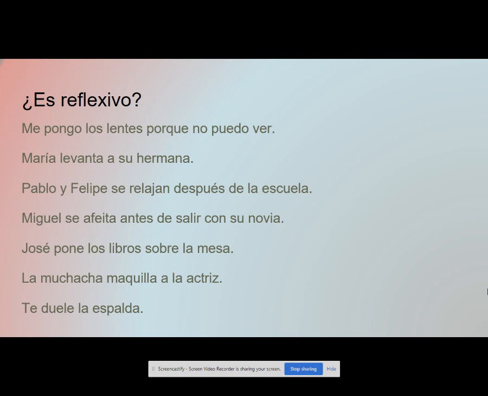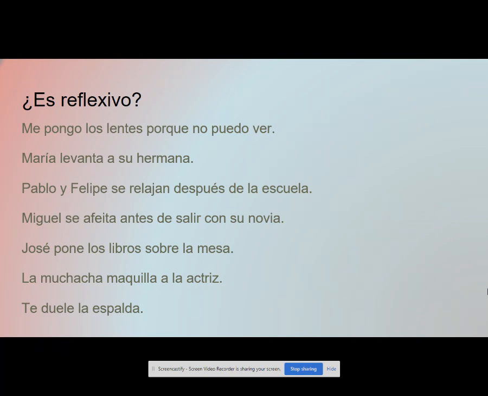If you think about and go back to your gustar sentences and what we learned at the very beginning of this course, la espalda would be the subject of the sentence, doler is the verb, and te would be your indirect object pronoun, meaning the back hurts you.